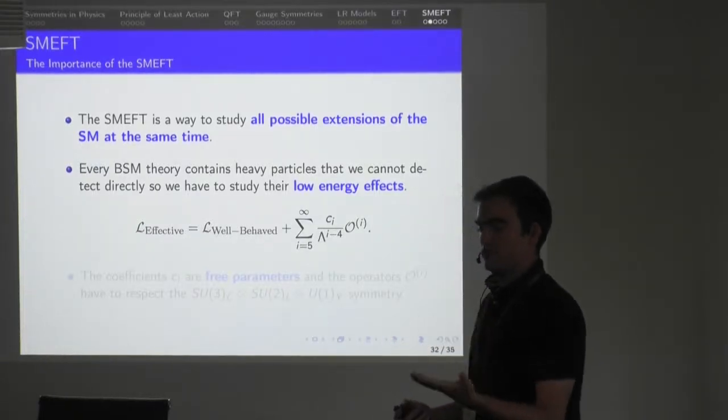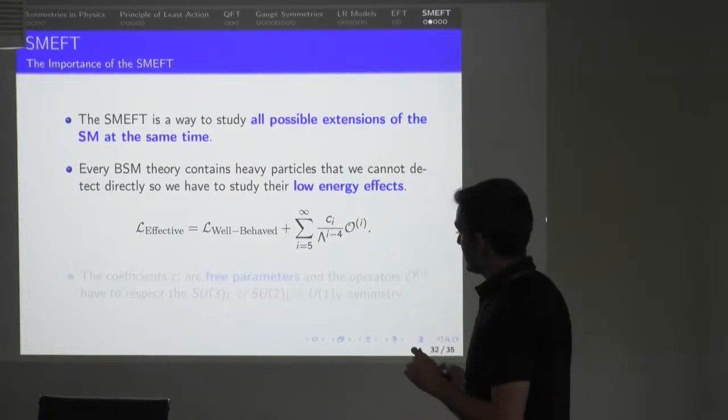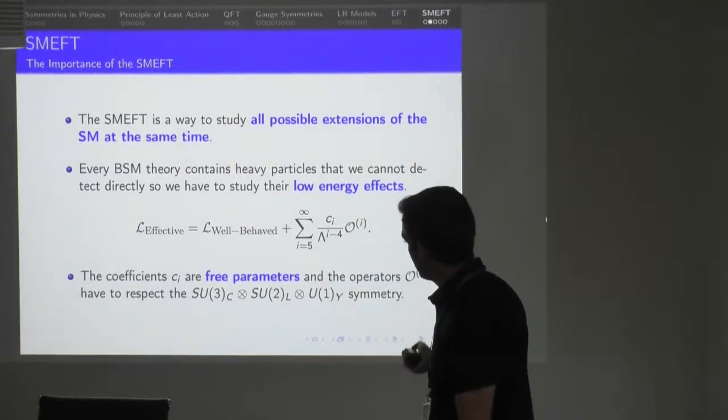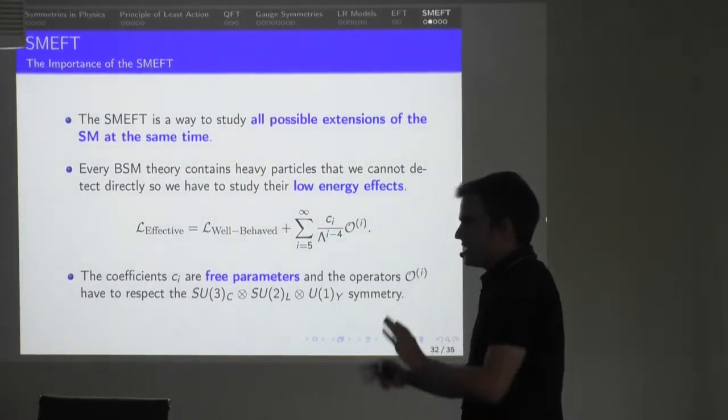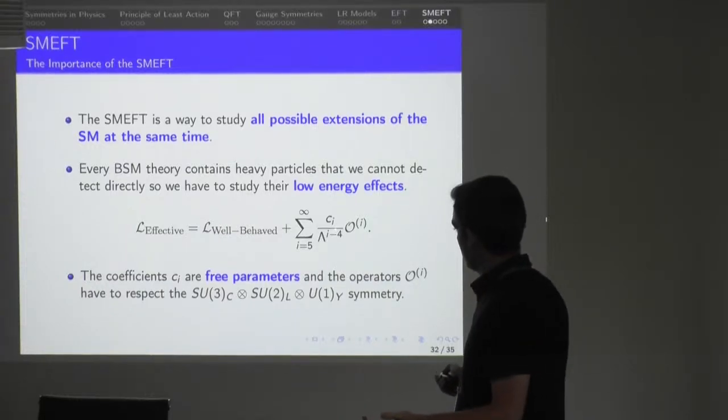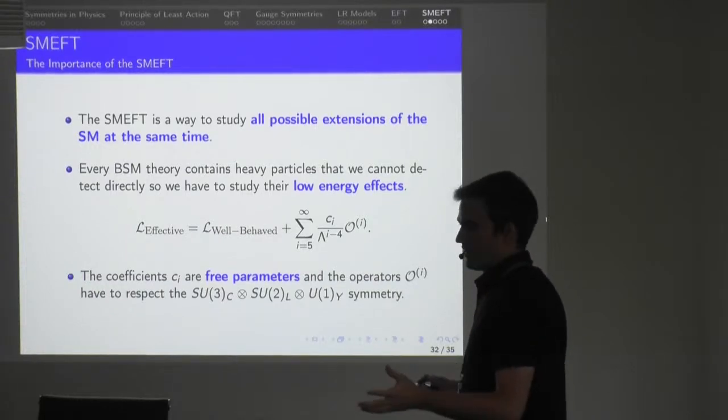The only difference is the following one. Since I don't know the high energy theory, I cannot know the value of these coupling constants here. And I also don't know the form of these operators.